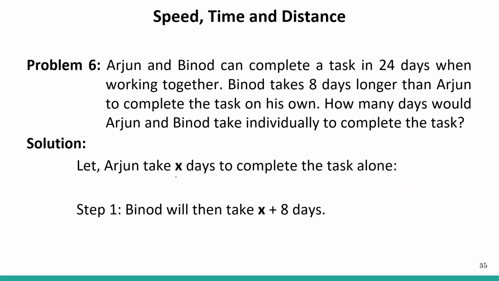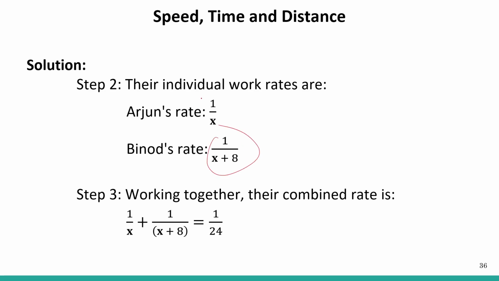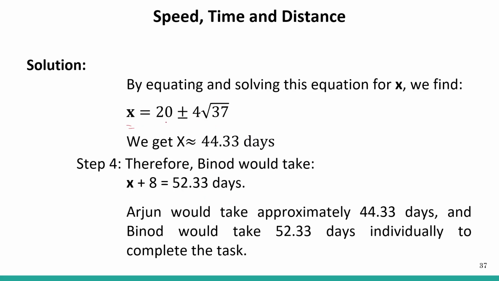So let Arjun take x days, and Binod will take x plus 8 days. So their work rates will be this much and this much respectively for Binod and Arjun. So working together, their combined rate will be this much. So x is equal to 20 plus or minus 4 root 37.